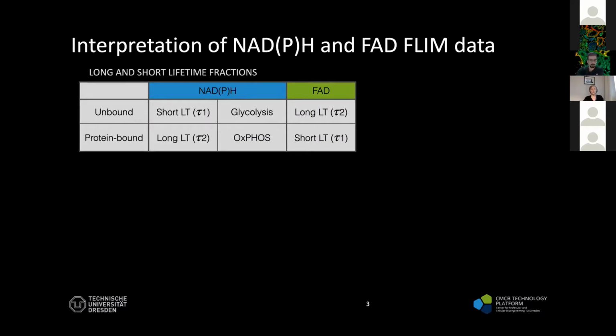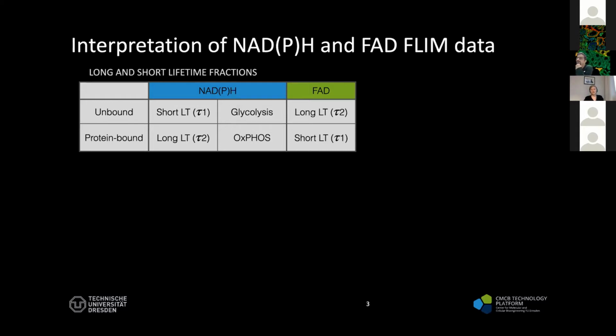So now, what is the biological interpretation? How can these measurements be used to understand your biological system? As I mentioned before, NADH has a long and a short lifetime fraction. Very frequently, it's fitted with a biexponential decay. The short lifetime fraction, being the free NADH molecule, is associated with glycolysis, while the protein-bound form with the longer lifetime is mainly associated with the oxidative phosphorylation cascades, or OXPHOS in short.